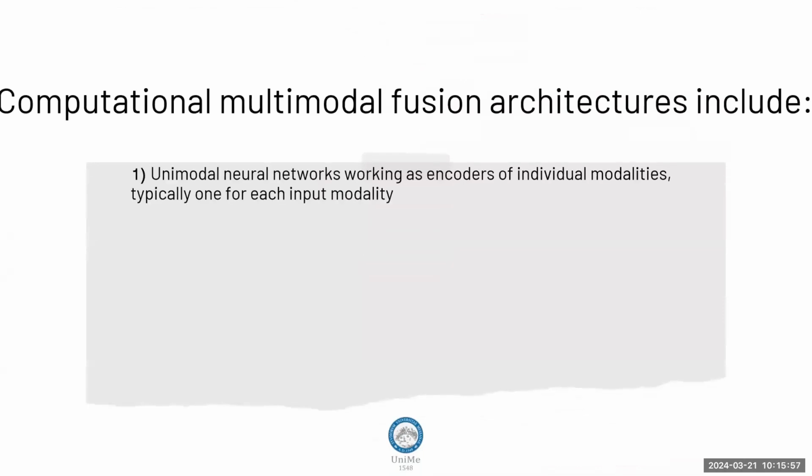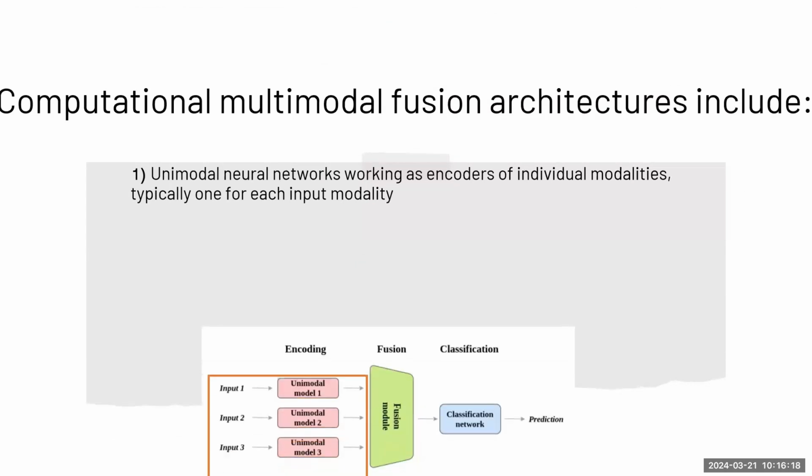Computational multimodal fusion architectures, in other words, these systems to interpret multimodal data, include unimodal neural networks working as encoders of individual modalities, typically one for each modality. The first stage, you see here, would be, for example, language, image, and music or sound.